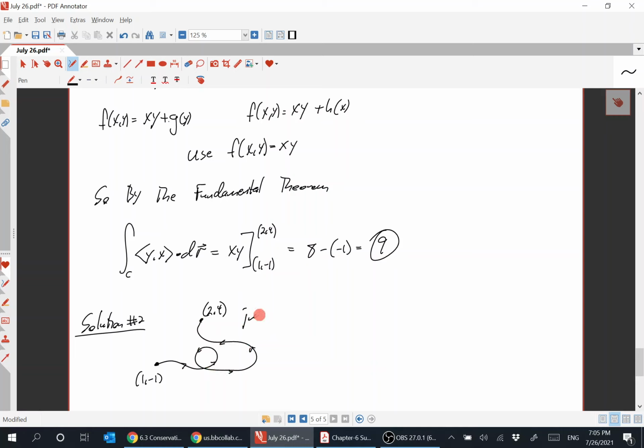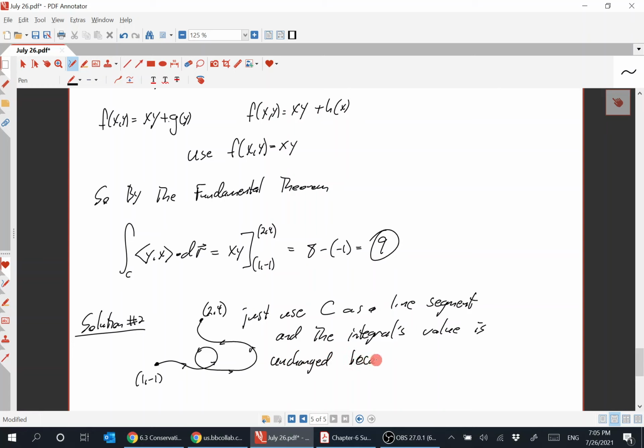Just use C as a line segment, and the integral value is unchanged because the vector field is conservative.